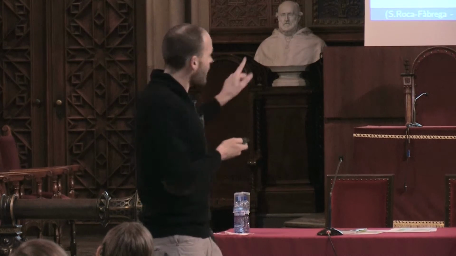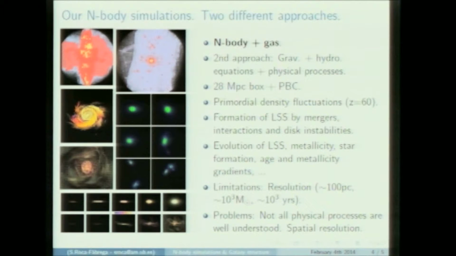A second approach we have is cosmological box simulations. In these simulations we have the gravity, and we also add the gas component. And then we solve the Poisson equations for the gravity and also the hydrodynamical equations for the gas. The idea of these simulations is to put a really big cosmological box with the primordial density fluctuations.